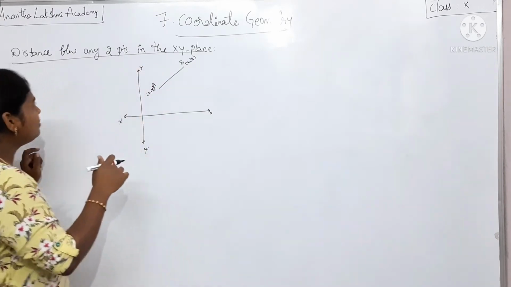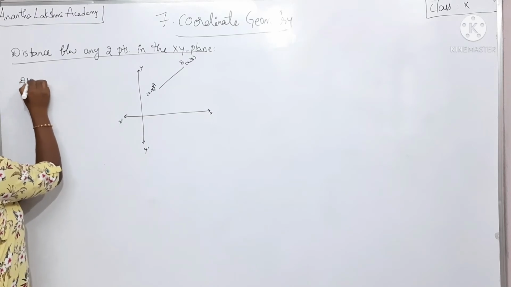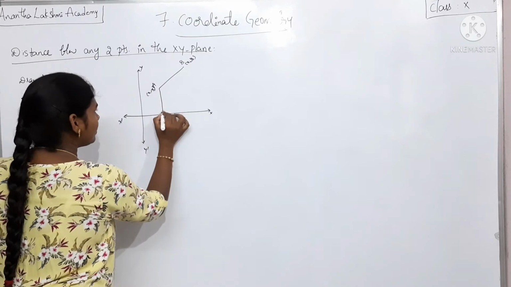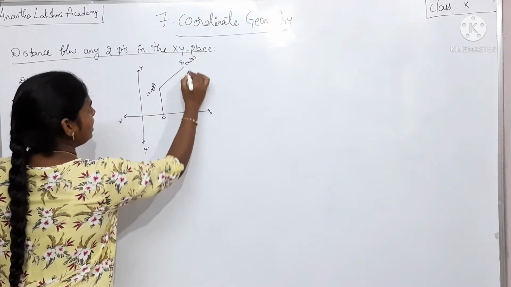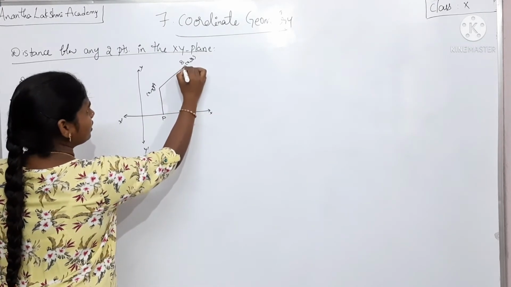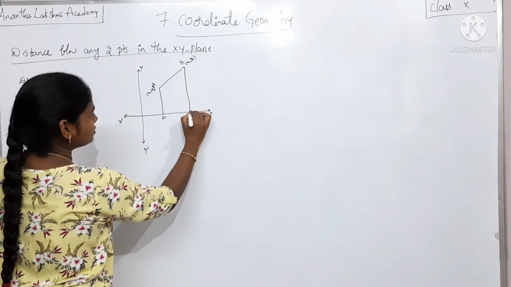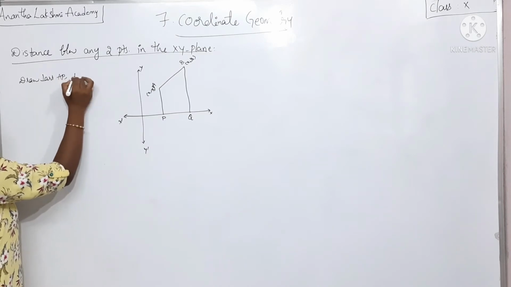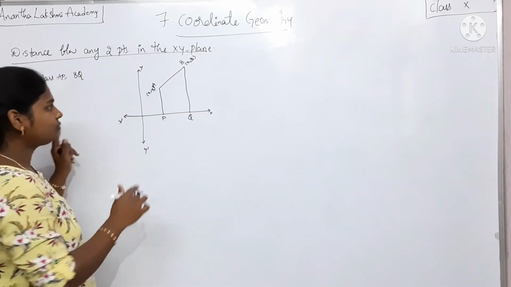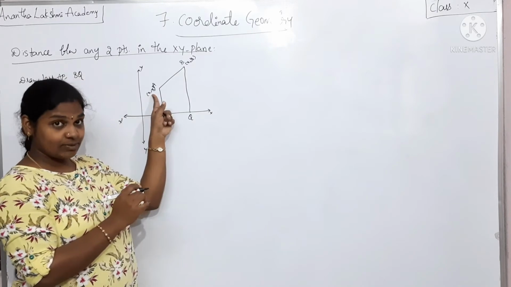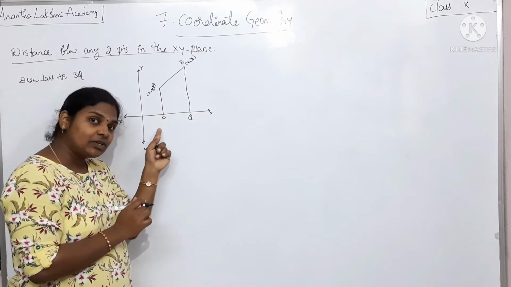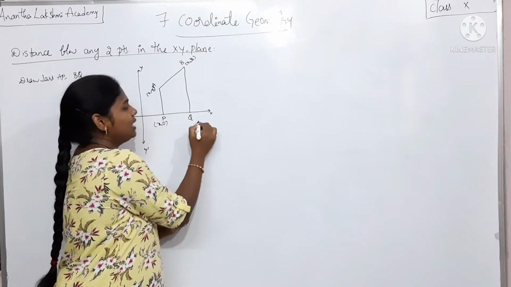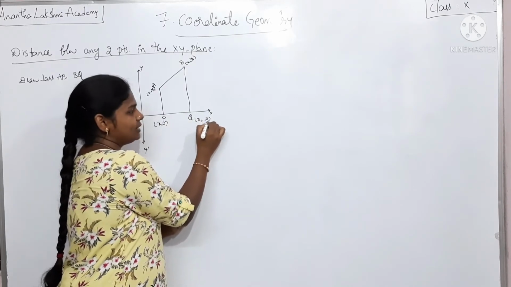All right. So let me draw perpendiculars from A to P, AP and BQ. Now what happens? This is x1 comma y1, but for a point on the x-axis it is going to be x1 comma 0, and this is going to be x2 comma 0.